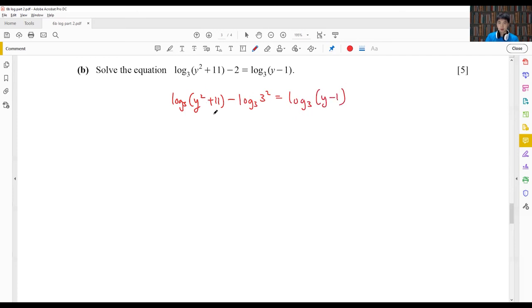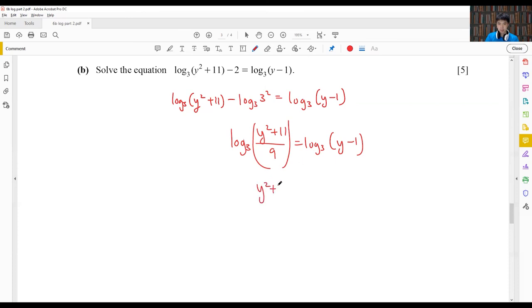So again, using our minus log rule, to make this into a single logarithm, log base 3 of y squared plus 11 over 3 squared, which is 9, is equals to log base 3 of y minus 1. Okay, from here we can cancel out logs on both sides.